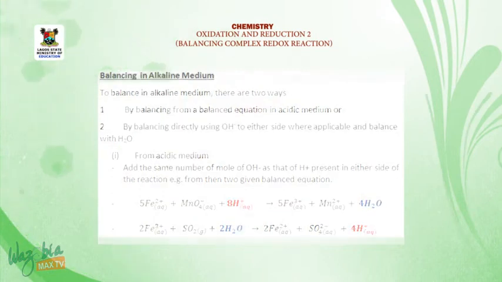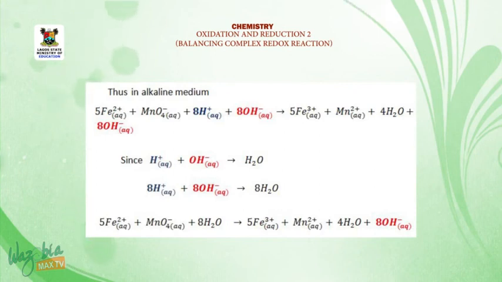Thus in alkaline medium, we now have 5 moles of Fe2+ plus MnO4 minus plus 8 hydrogen ion plus 8 OH minus to give 5 Fe3+ plus Mn2+ plus 4 H2O plus 8 OH minus. So we add 8 OH minus to both sides.